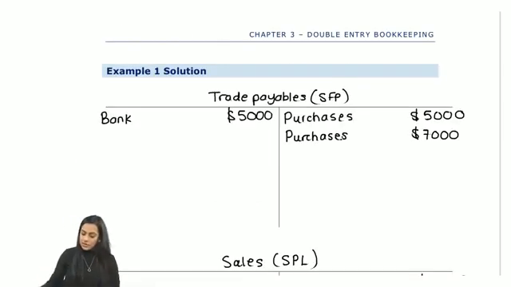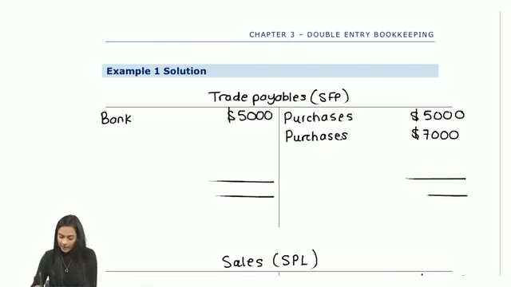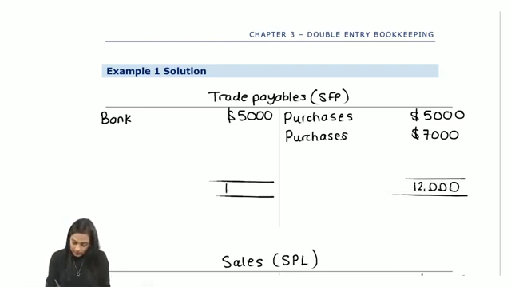Trade payables is an SFP account, so we'll have an opening and a closing balance. The higher total is 12,000, 12,000. But the extra money needed to be added on is 7,000.